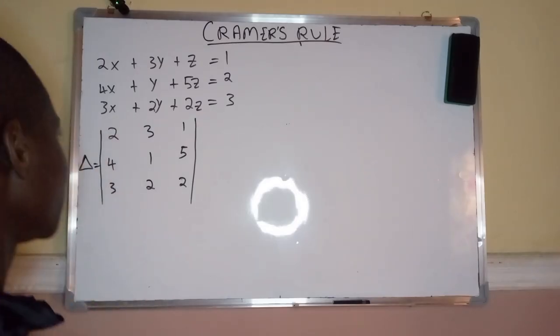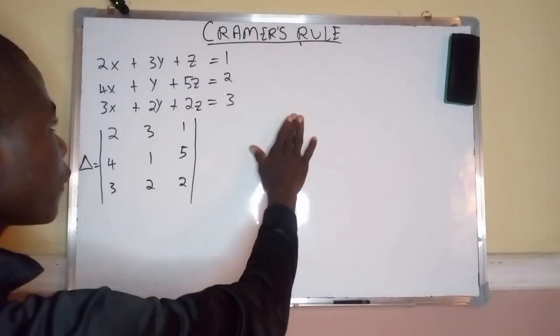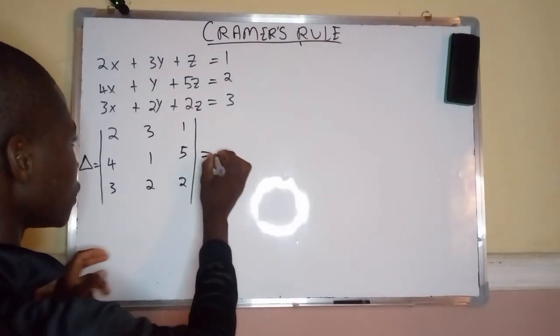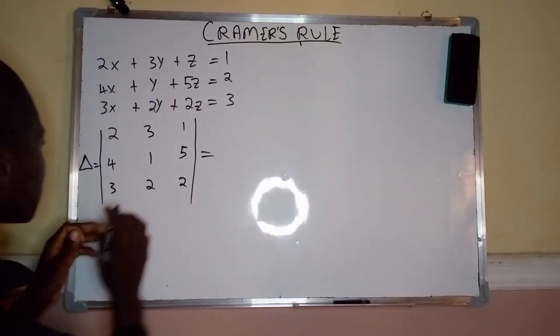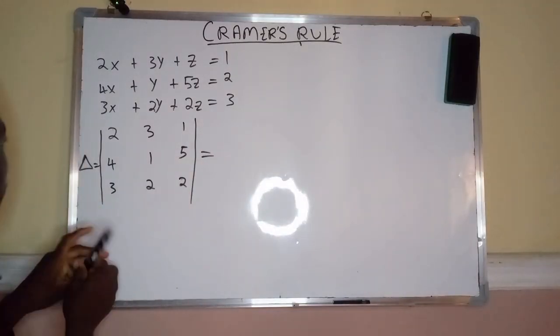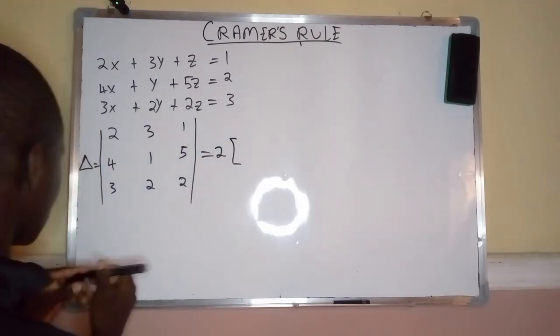So this is the determinant, our general determinant. So how can we find the determinant of this matrix? To find it, I will say 2, brackets.